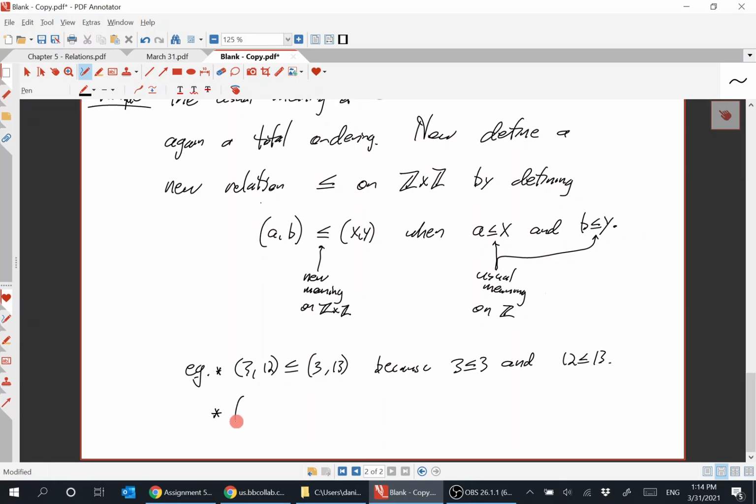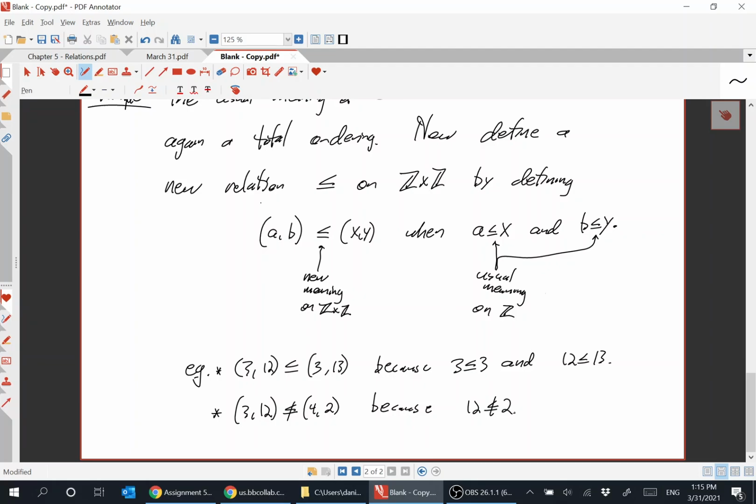But (3, 12) is not less than or equal to, what shall we say, (4, 2), because 12 is not less than or equal to 2. So some pairs of integers are not comparable. So it's no longer a total ordering.